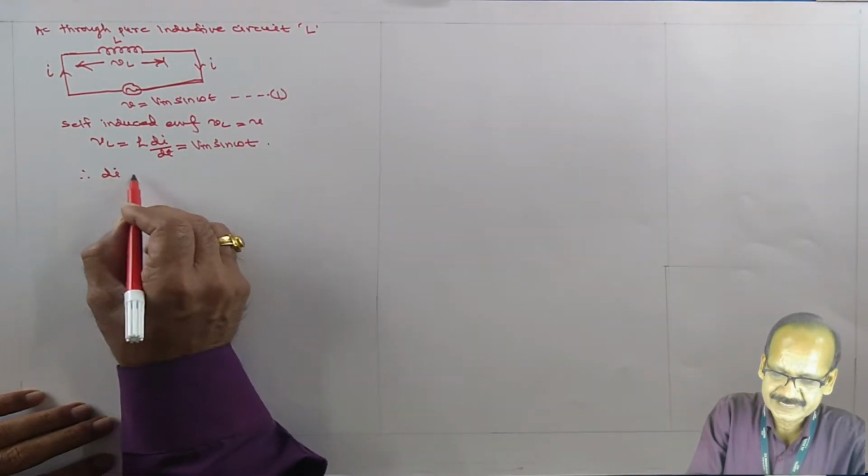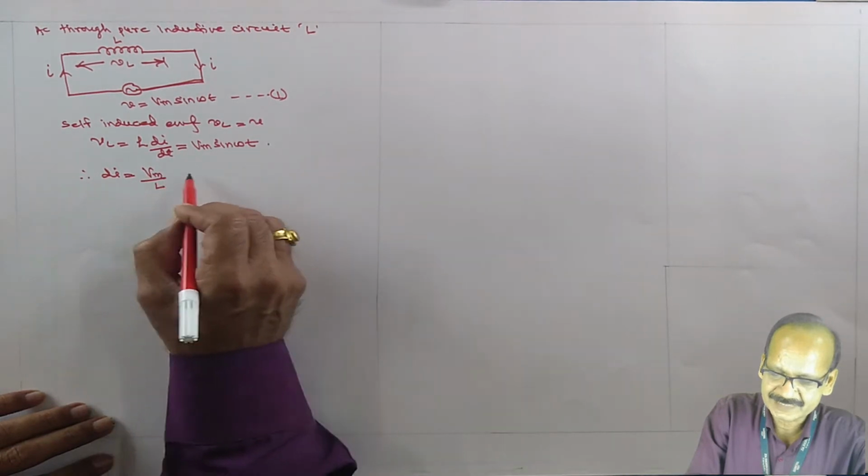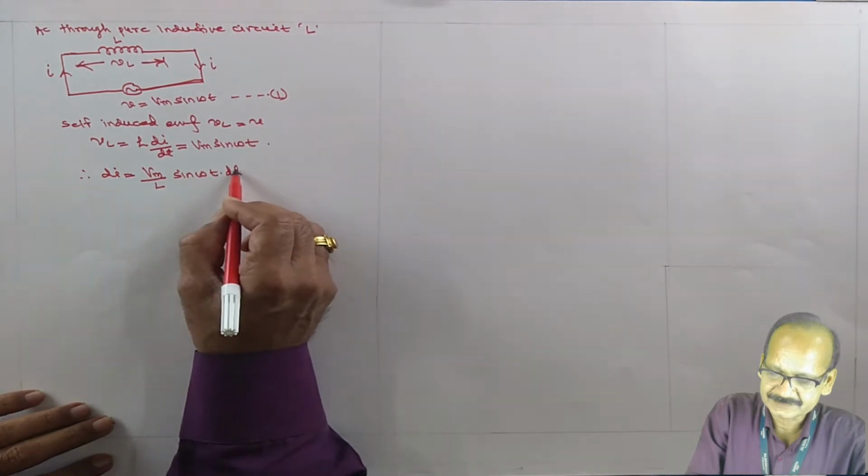Therefore di equal to Vm divided by L sine omega t dt.